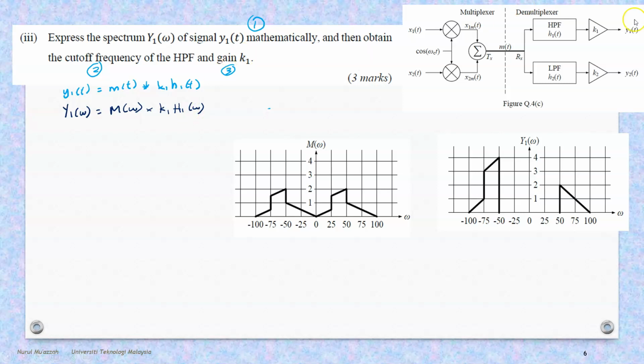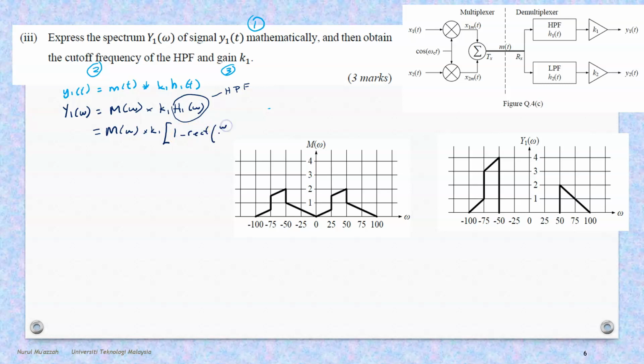h1(t) is the impulse response, and when we put it in terms of Fourier transform, it becomes H1(ω), which is the equation of the high pass filter. So we put M(ω) multiplied by K1. The equation for the high pass filter should be like this, and you need to understand it.